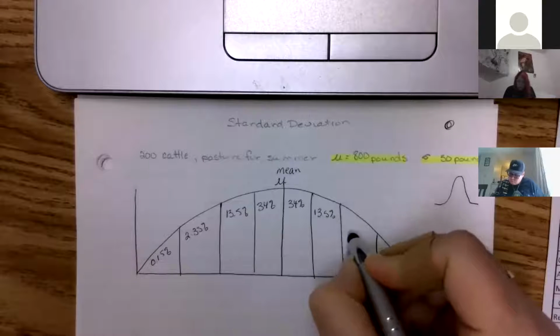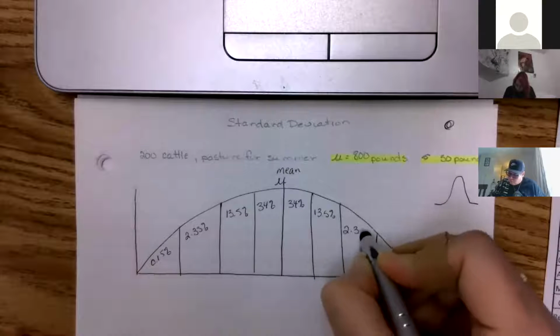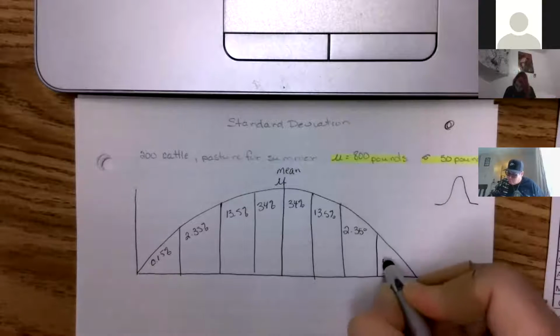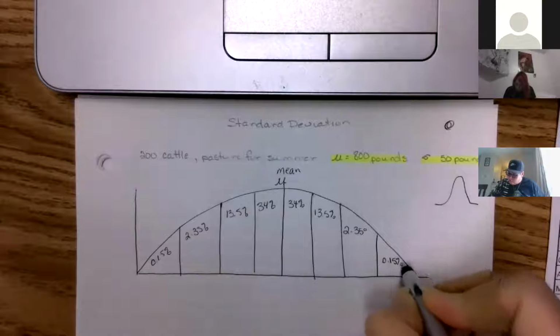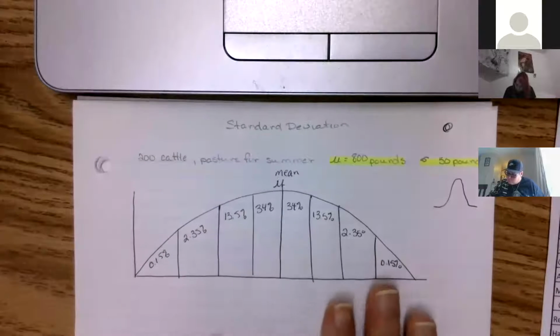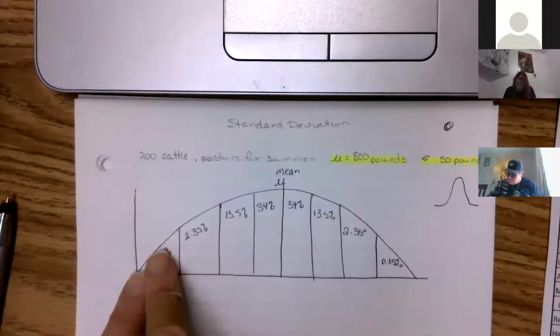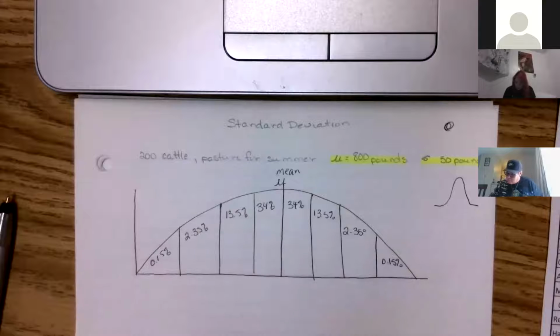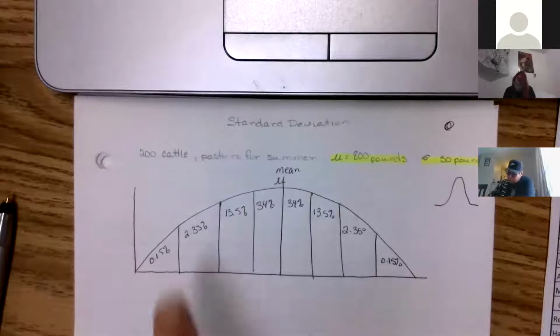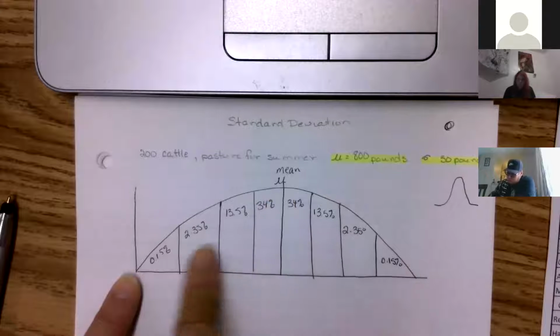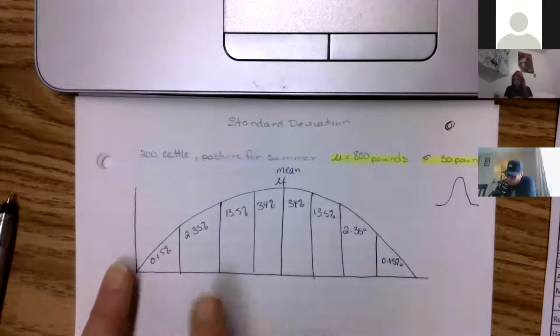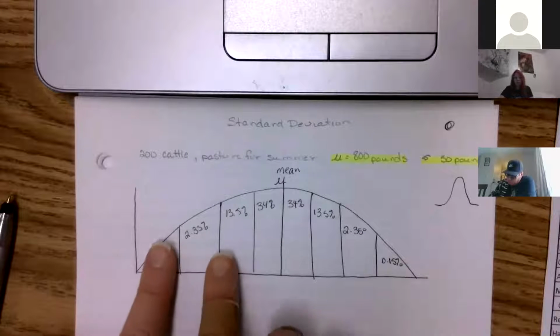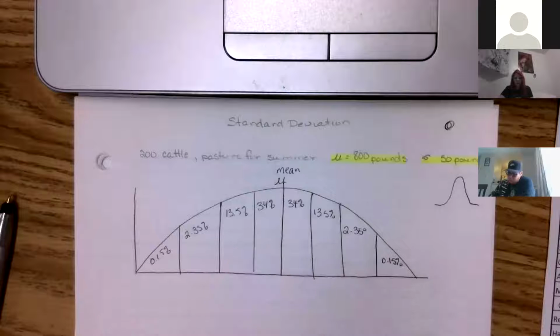But if you do your homework and practice, you'll have them memorized. And that's the percent of, so all of this represents 100%. So if I had 200 cattle, this would represent 200. And then there's a few that are here, more that are here, quite a few that are there, lots in the middle, etc. So each one is a chunk of that.